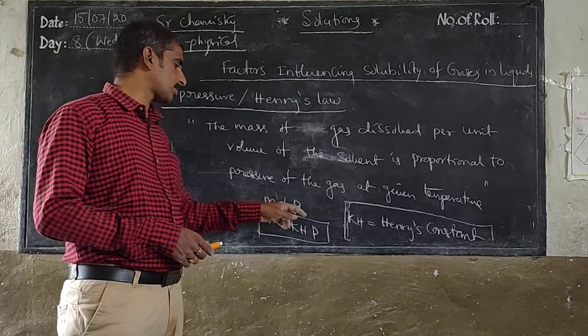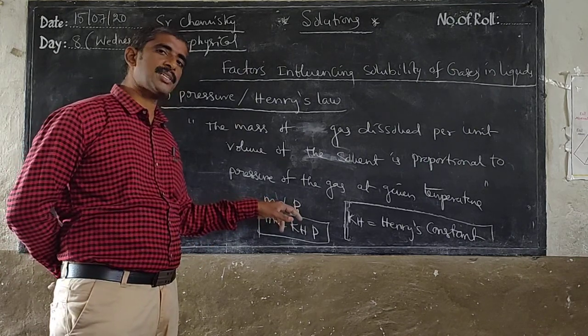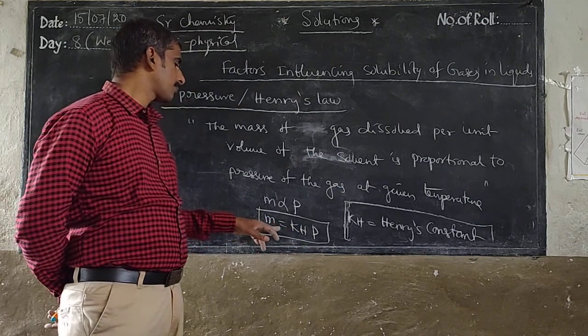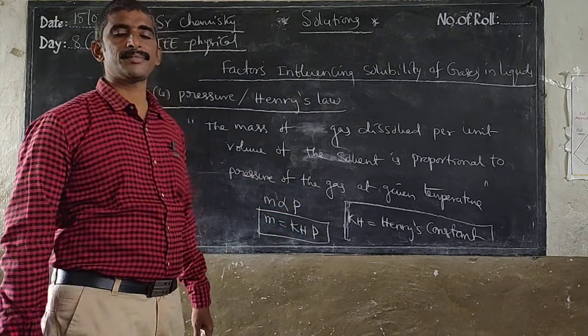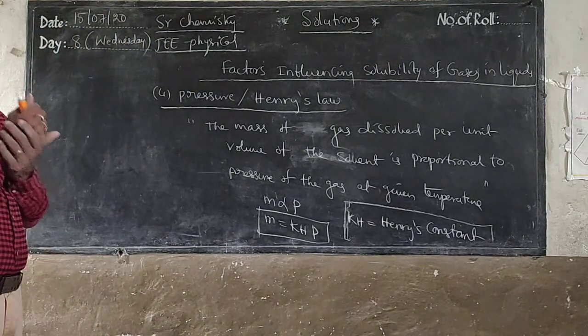Mathematically, m is directly proportional to gas pressure, so the mass of the gas is directly proportional to its pressure. m equals kH times P, where kH is Henry's constant. That is Henry's law.